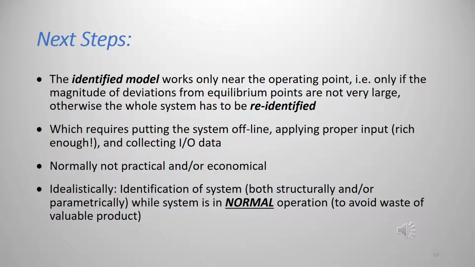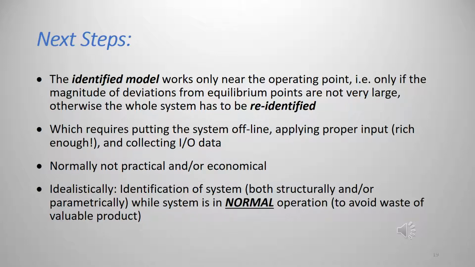Okay, so we have selected the best combination of pairing strategy and control strategy. Now we have to make sure that the system is always operating at or around the operating point, because the identified model has been developed around that particular operating point.